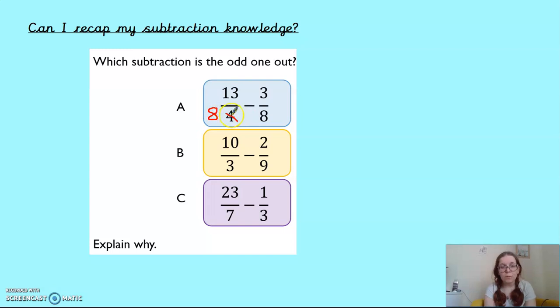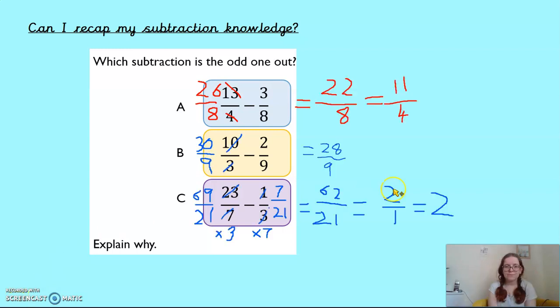And then if I've doubled my denominator, I also need to double my numerator. 13 times 2 is 26. So my new calculation is going to be 26/8 take away 3/8, okay? See if you can answer these and work out which one is the odd one out, okay? Pause me here and ready to unpause me in 3, 2, okay?